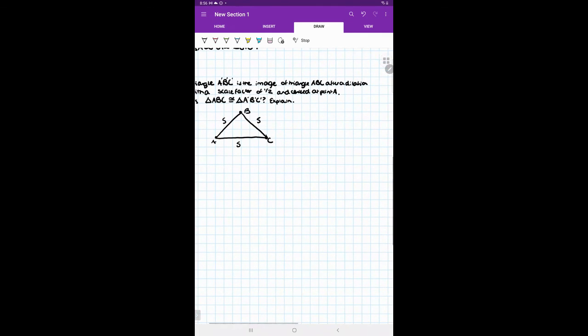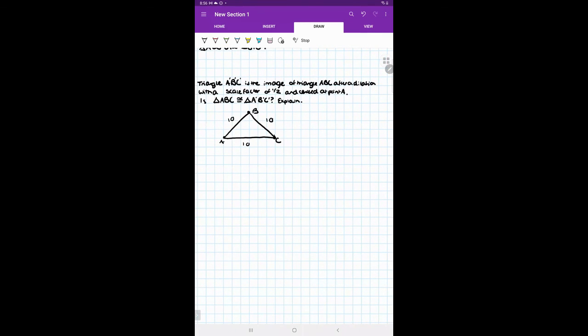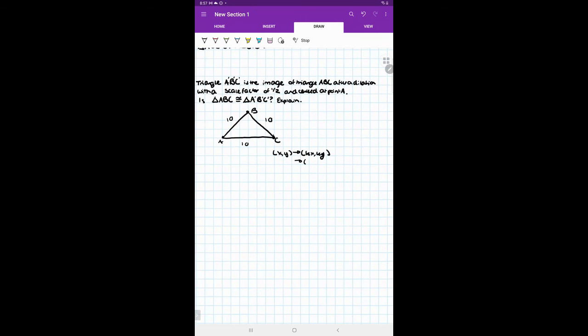Oh, sorry, I actually want to make the sides an even number, so I'm going to make them 10. Now A'B'C' is the image after dilation with a scale factor of 1/2. So remember, dilation means that (x, y) goes to (kx, ky), where k is, I didn't say this before, the scale factor. So in this case, (x, y) goes to (1/2 x, 1/2 y).